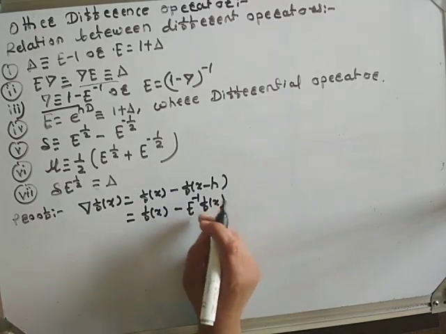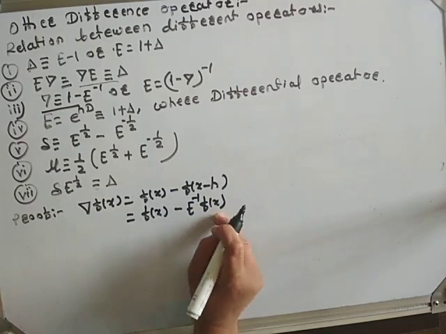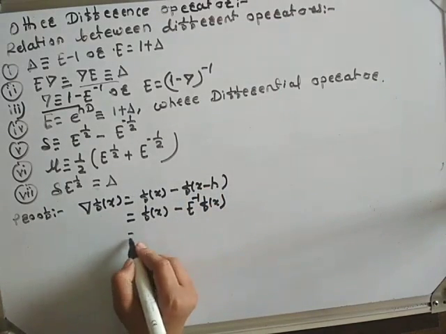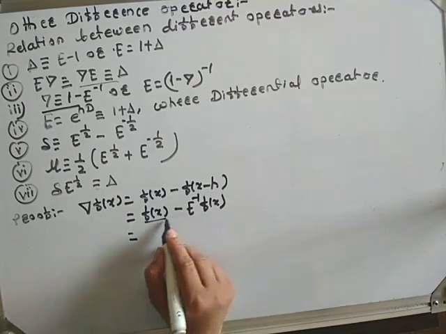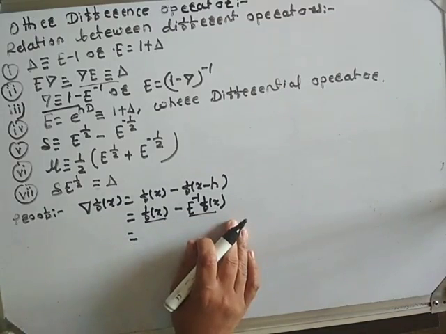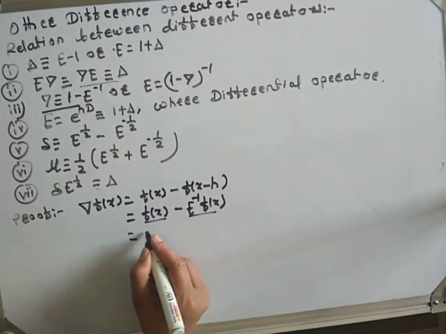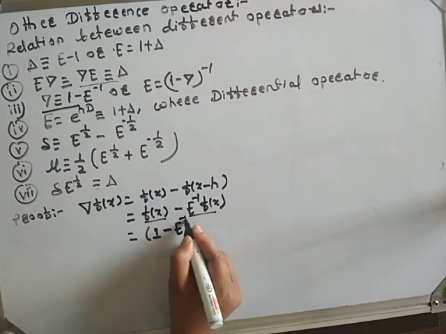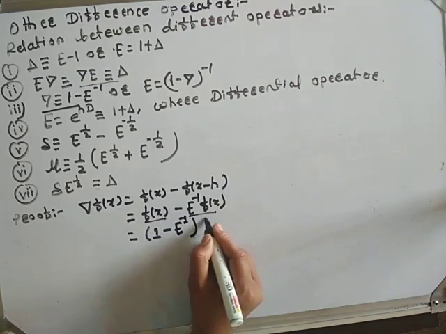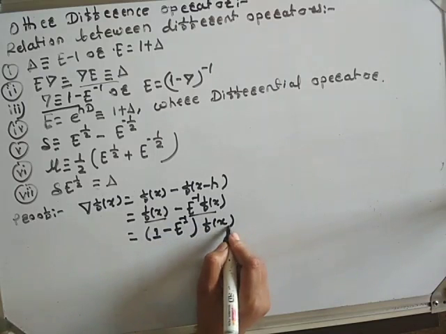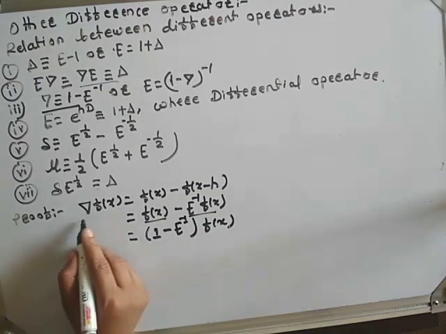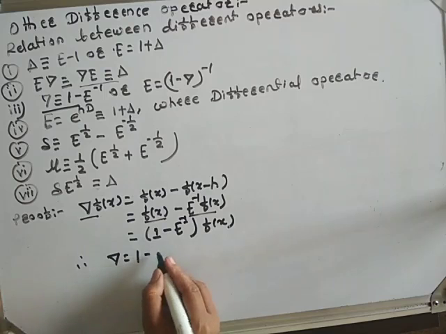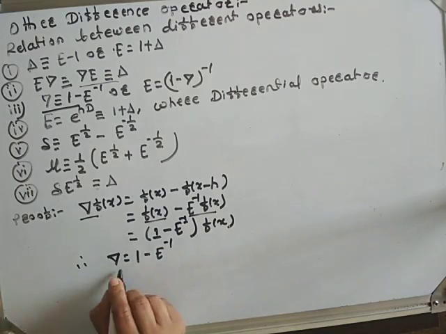We have already discussed that E inverse of f of x is equal to f of x minus h. Here in these two terms f of x is common, therefore take it outside. In bracket remains 1 minus E inverse of f of x. Therefore we get del is equal to 1 minus E inverse.